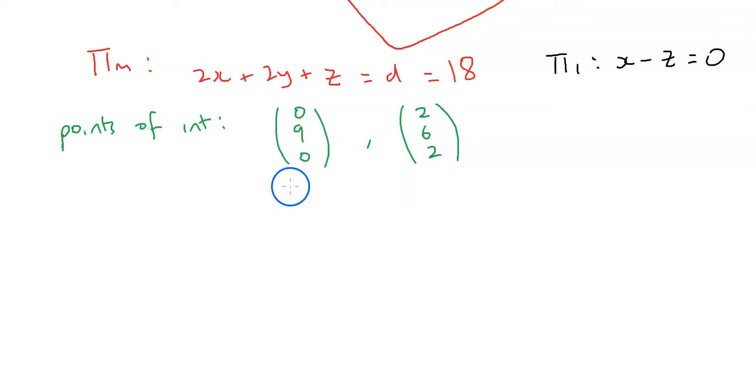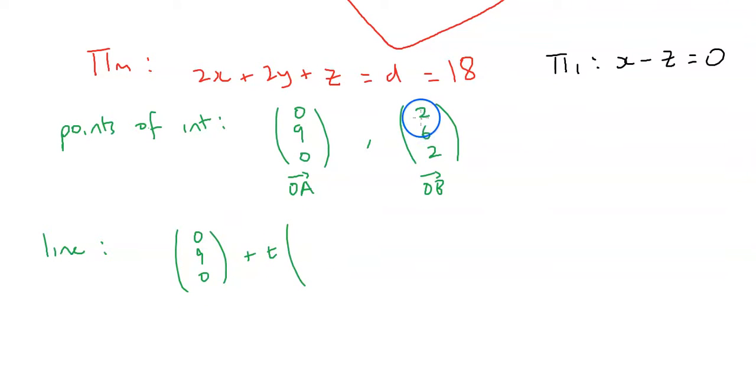So let's say this is the vector OA and the vector OB. Okay, so the line of intersection is OA plus t times AB. So that would be 0, 9, 0 plus t times OB minus OA, so 2, negative 3, 2.